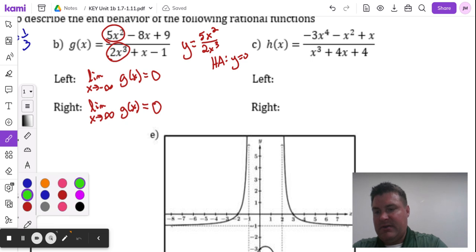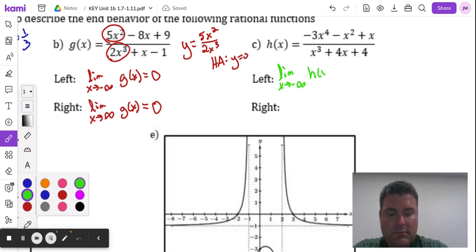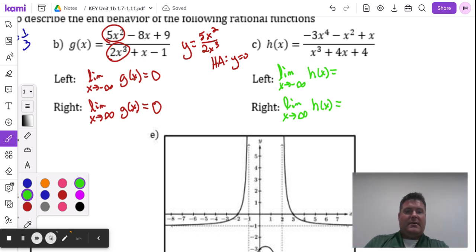Last one here with talking about this end behavior. Again, I'm going to write out the left and the right. Okay, so if I'm looking at the highest powers here, top is going to be negative 3x squared. Bottom is going to be x squared.